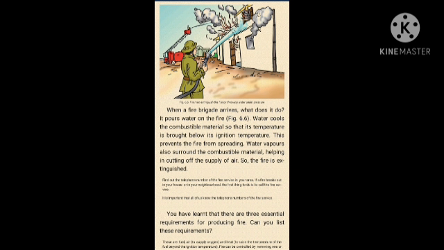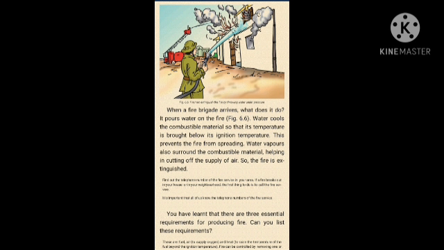Now we will understand how we can control fire. We discussed that oxygen is very crucial for catching fire, right? So if we cut off the supply of oxygen, then we can control the fire very easily. We took the example of the blanket wrapped around a burning person.